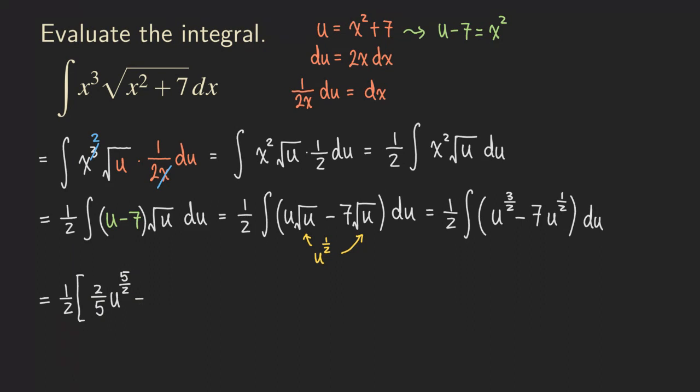And then minus, there's a 7 there, and then we are going to get the u to the, we are going to add 1 to the 1/2, which will give us 3 over 2. And then we need to multiply by its reciprocal, so we are going to get 2 over 3.